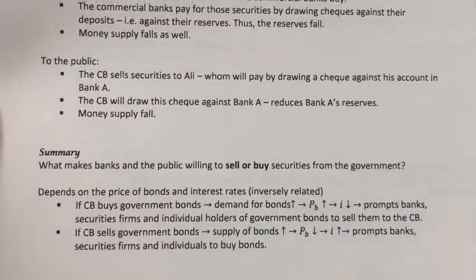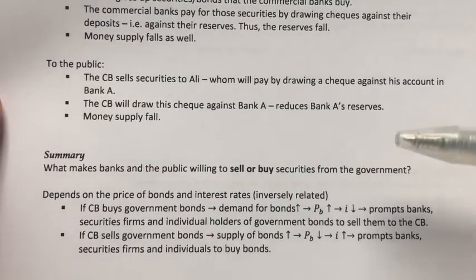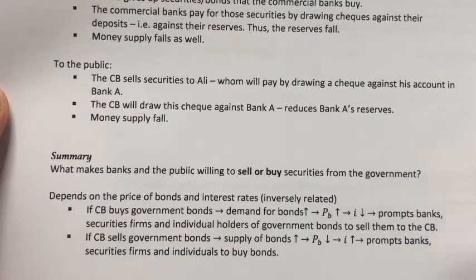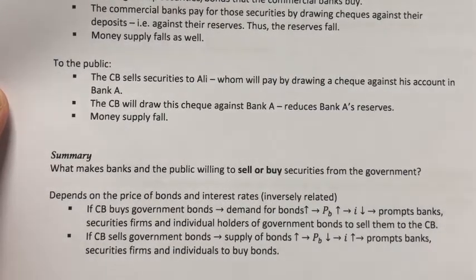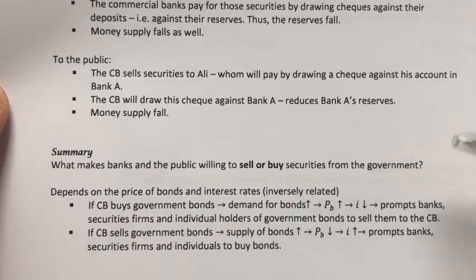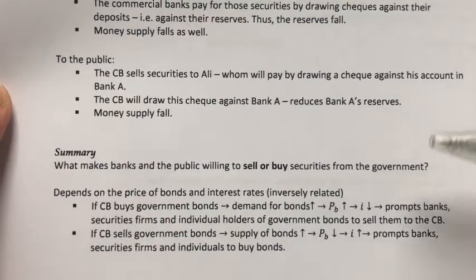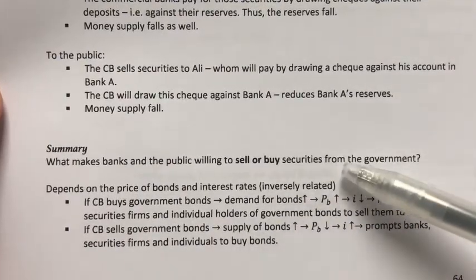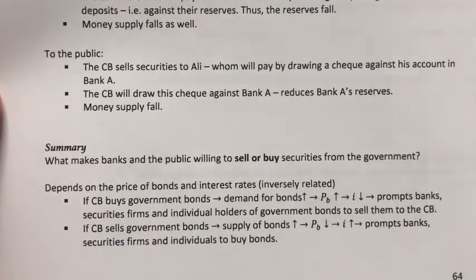Now, in case you're wondering what makes the banks or the public willing to sell or buy securities from the government, because the central bank can just offer to buy or sell, but they cannot force the public or the bank to do so, right? But this is what happens. Remember, we've learned that there's a negative relationship between the prices of bonds and interest rates.